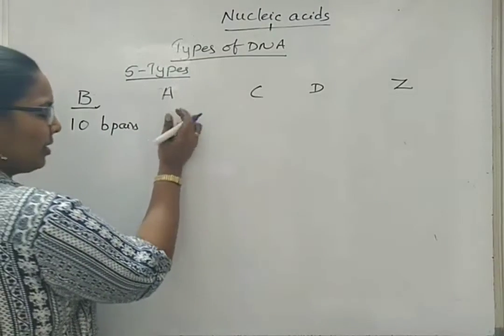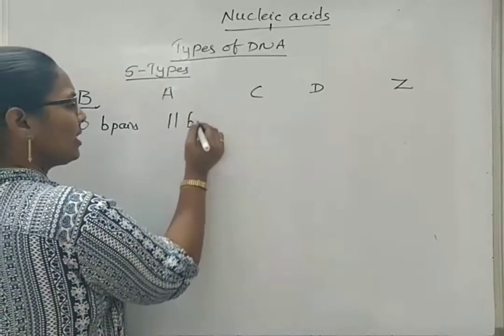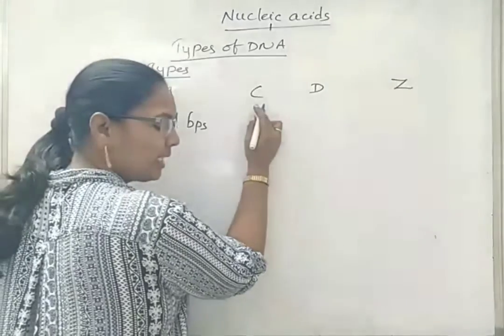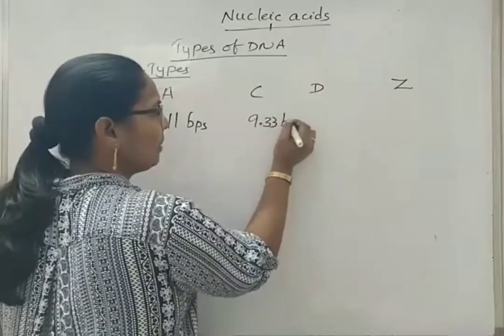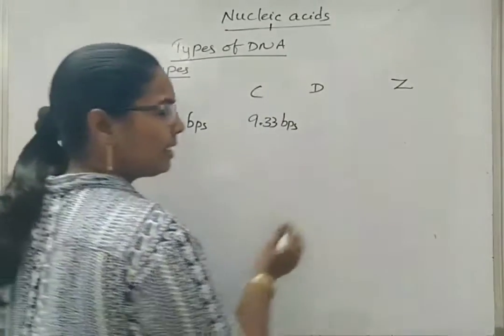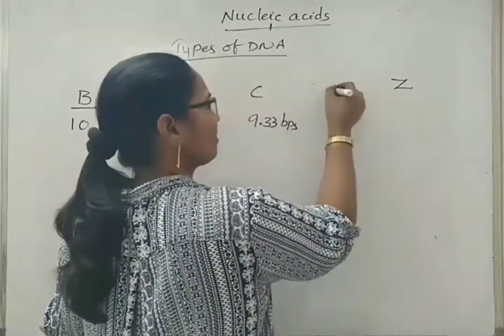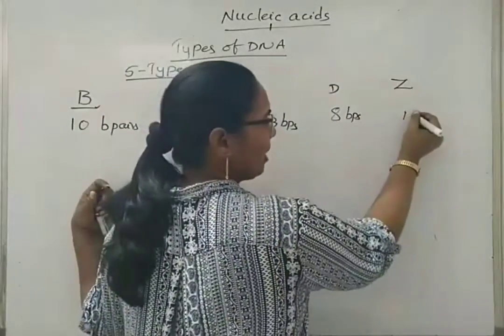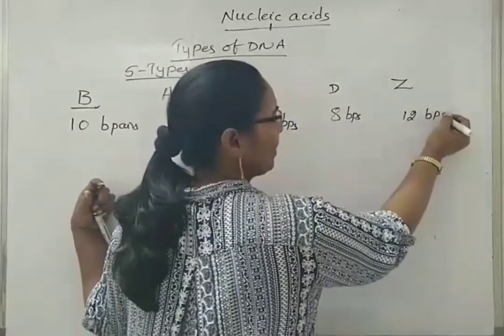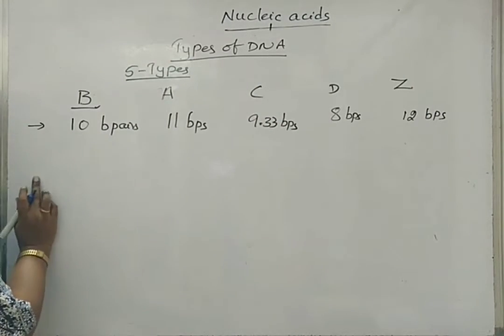A type of DNA has 11 base pairs. C type of DNA has 9.33 base pairs. D type of DNA has 8 base pairs. Z type of DNA is considered to have 12 base pairs. This is related to the base pair number.